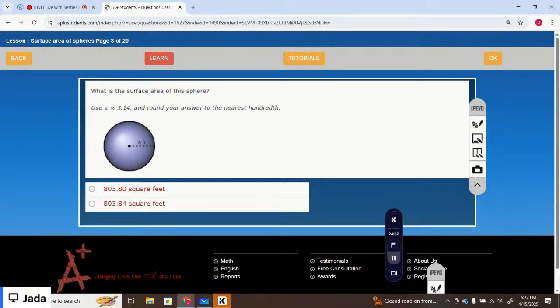That is 4 pi r square. 4 times 3.14 times 64.